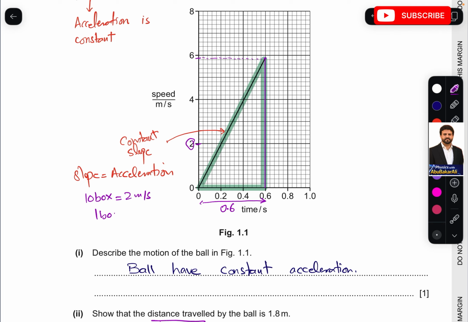So one box is equal to 2 by 10, that is 0.2 meters per second. So if this is 6, the point here should be 5.8. Between 6 and 5.8, that will be 5.9, right? So that is the height of the triangle.